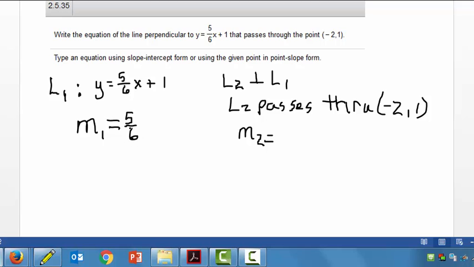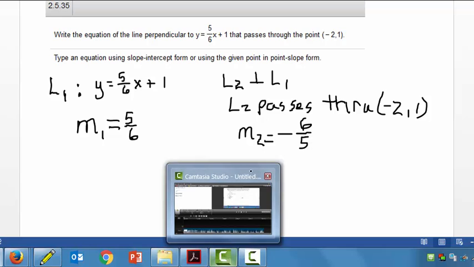So if this slope is positive, then the slope of the line perpendicular to that is negative. And I invert, so I change the sign and invert. So M2, the line we're trying to find the equation of, has slope negative 6 over 5.